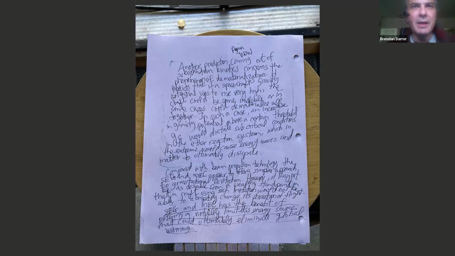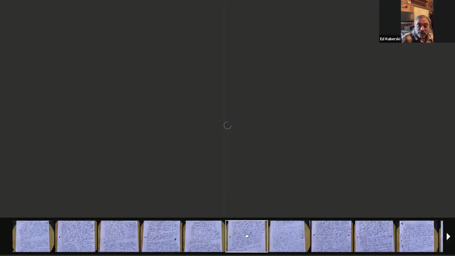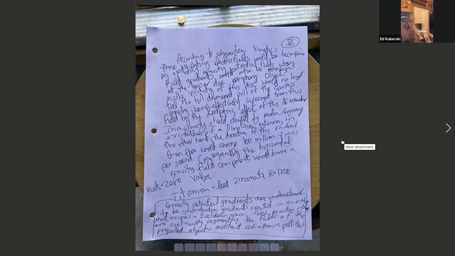The SEG and MEG have the benefit of offering a virtually limitless energy source that could ultimately eliminate global warming. Big statement there, right? But it's absolutely true.